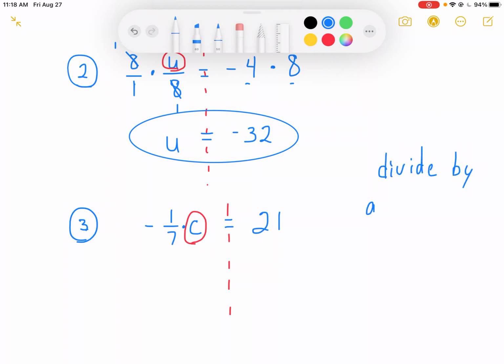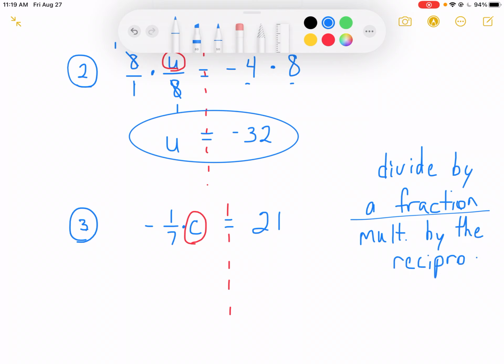You probably know this from 6th grade or before: if I'm going to divide by a fraction, I'm going to multiply by the reciprocal. So that means I'm going to say times negative 7 over 1.